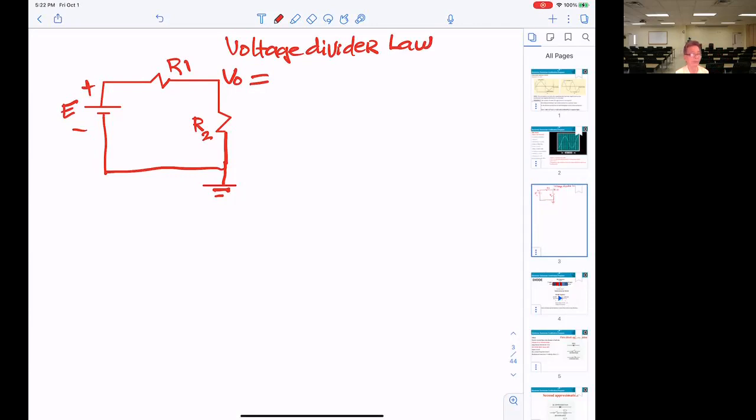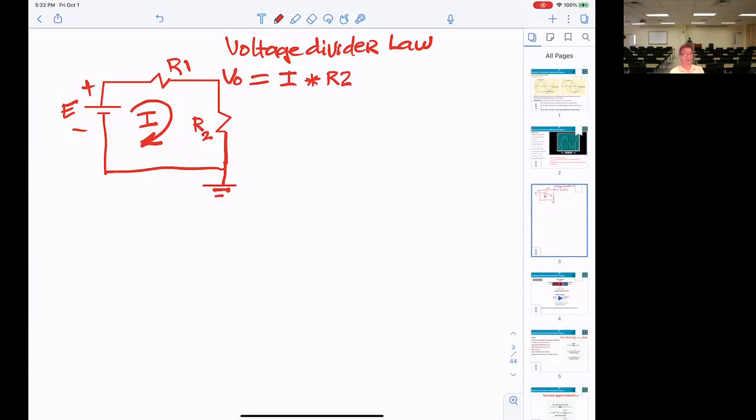Okay, if you're looking into the circuitry, you get R1, R2. And basically you can get the current flow here. If you want to calculate the V out, basically V out equals I times R2.